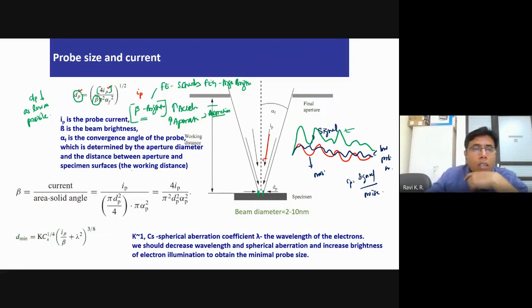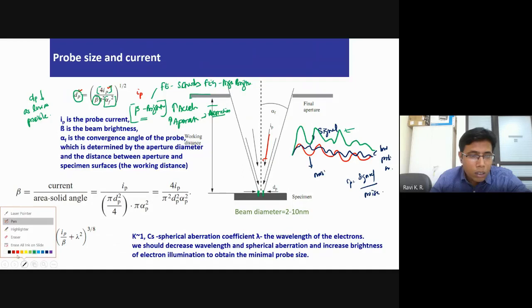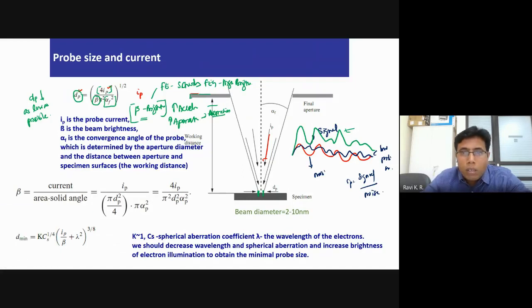So this is another factor. The convergence angle we already discussed, and we will be discussing the working distance again, because if you keep a bigger and bigger aperture, suppose you keep the aperture somewhere here, this is your aperture, automatically the beam will be coming like this.